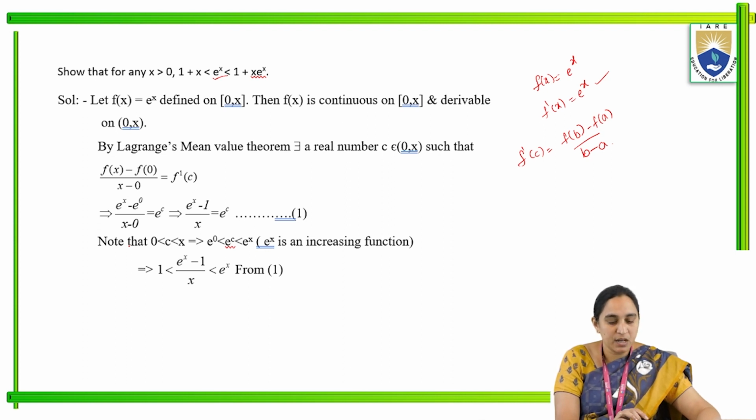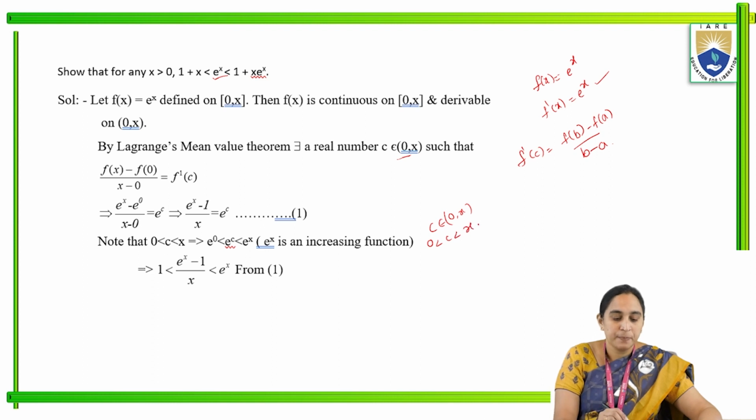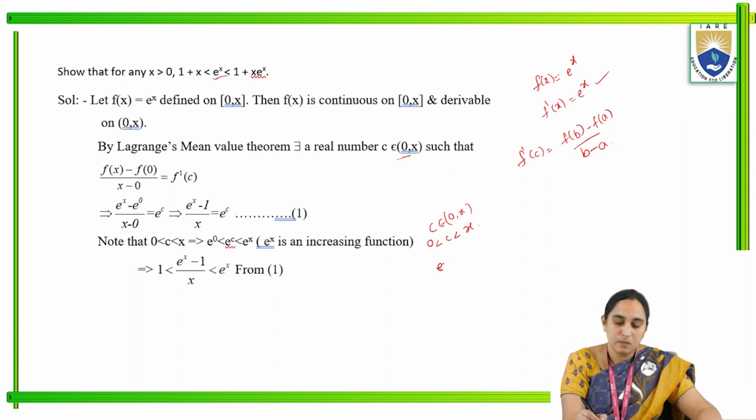If there exists a real number c belonging to 0 comma x, that means 0 less than c less than x. From that I am taking the exponential, that is e power 0 less than e power c less than e power x.